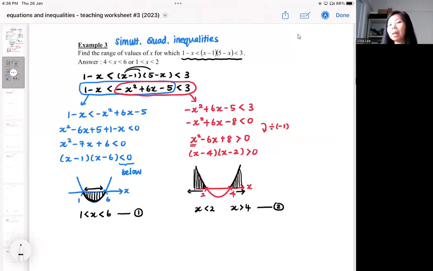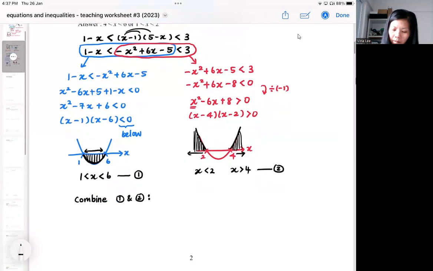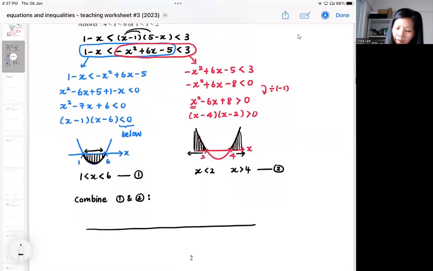So you need to combine them. You need to find a common set of values that is applicable to both of them. So how am I going to combine? I'm going to combine 1 and 2 on a number line. If you're combining, you make sure your number line has all the necessary values.